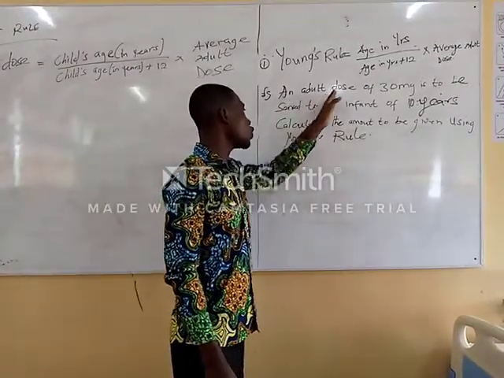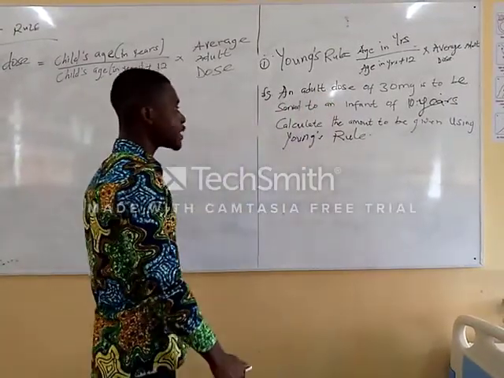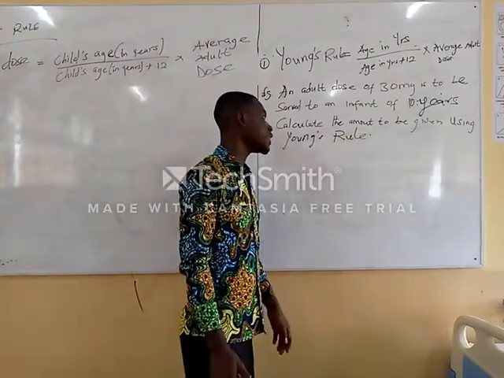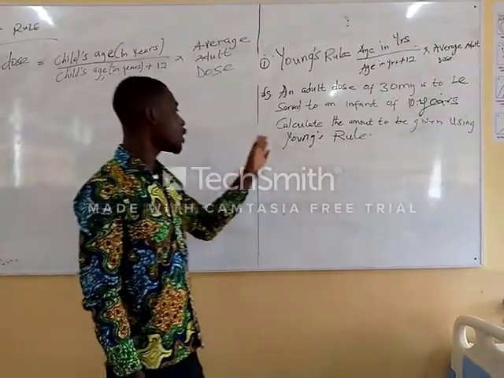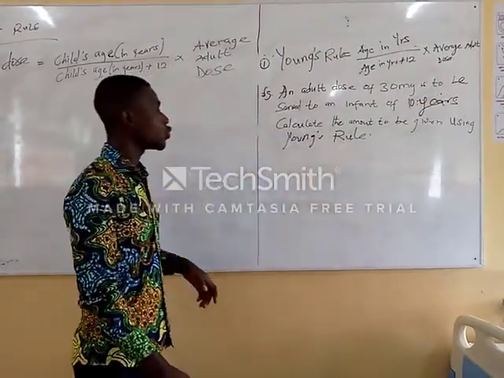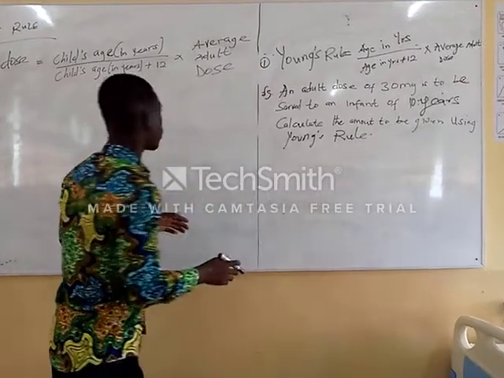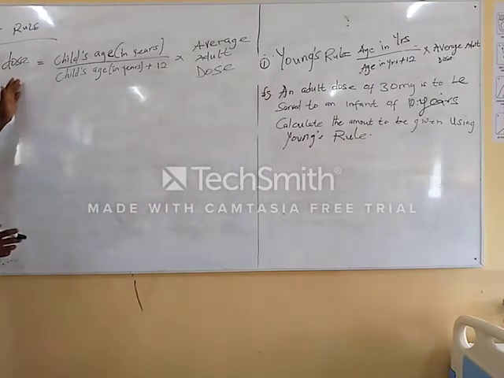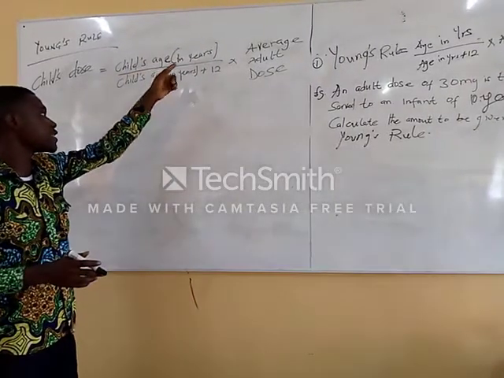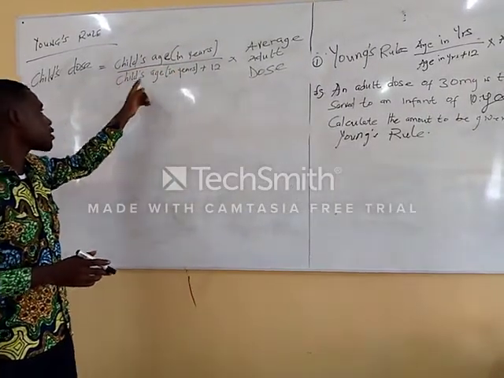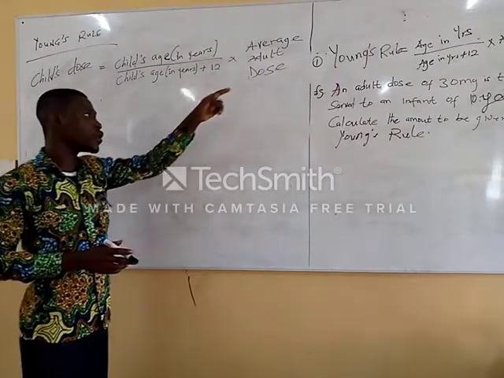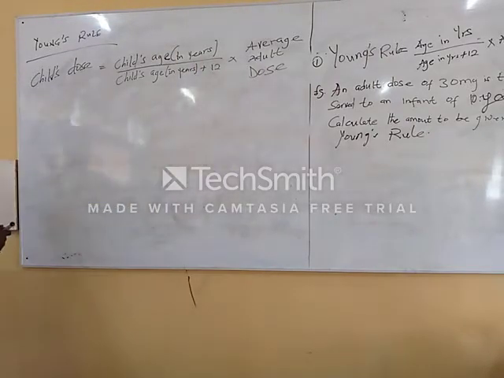An adult dose of 30 milligrams is to be served to an infant of 10 years. Calculate the amount to be served using Young's rule. The Young's rule is right here. Child's dose is equal to child's age in years over child's age in years plus 12, times average adult's dose.